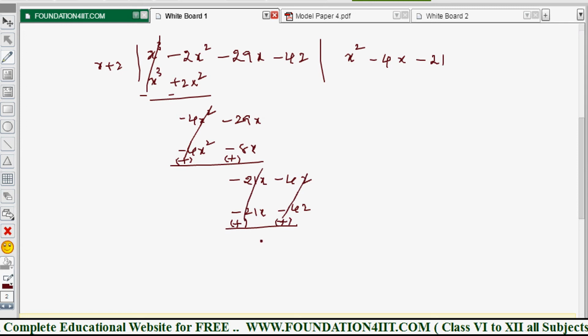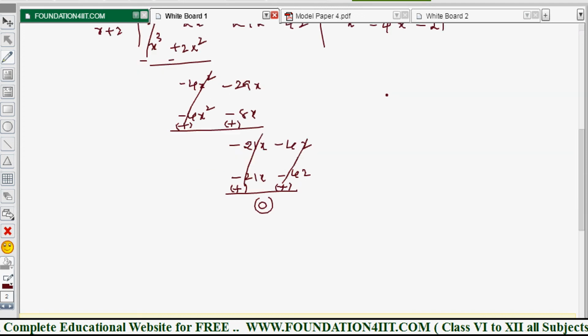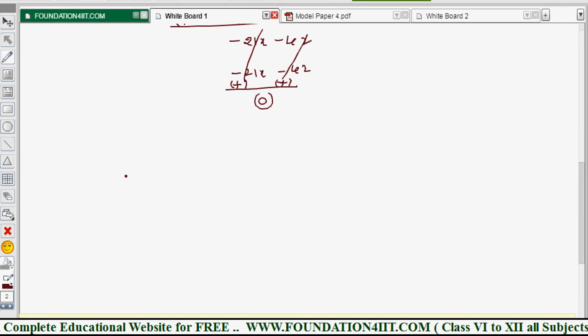Both get cancelled, so you got the 0. If you get the 0, then x square minus 4x minus 21 is the quotient. Finally we got f of x equals x plus 2 times x square minus 4x minus 21.